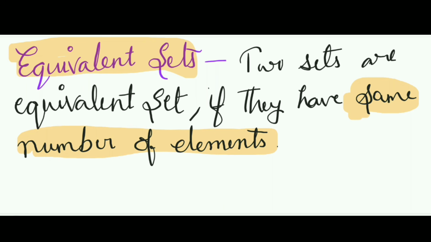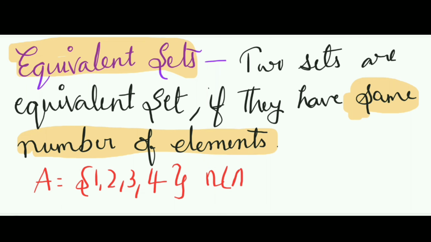We already know the cardinal number, denoted n of A. Suppose you have two sets. A set is 1, 2, 3, 4. So the number of elements in A set is equal to 4.